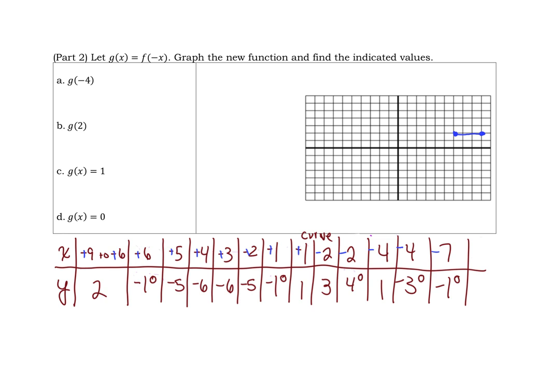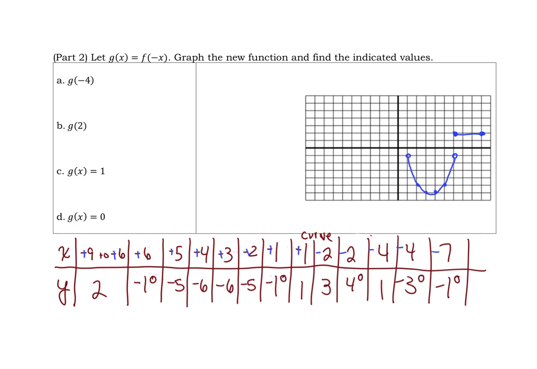Now at 6, at -1, is an open circle. And then 5, +5 at -5. And then 4 is -6. 3 is -6. 2 is -5. And 1 at -1 is an open circle. And this is that quadratic looking thing. So there's that.